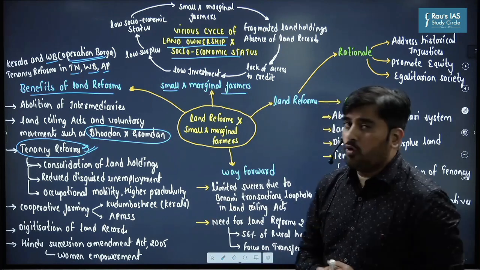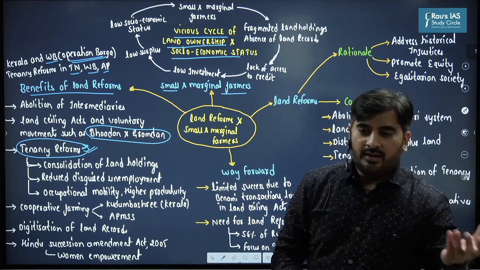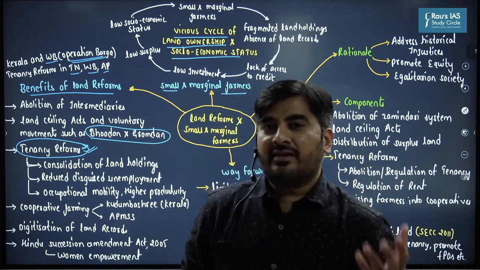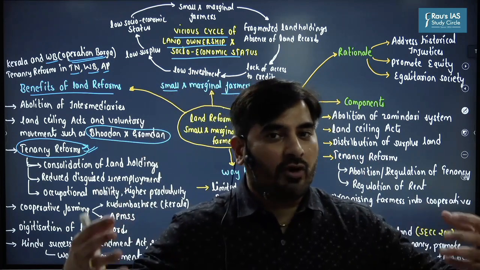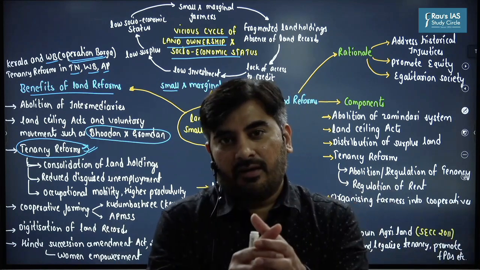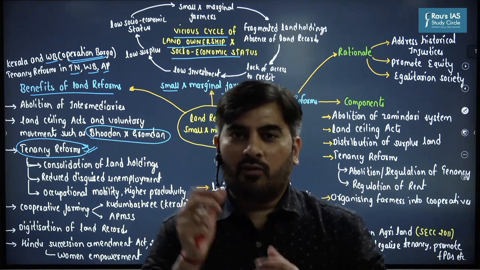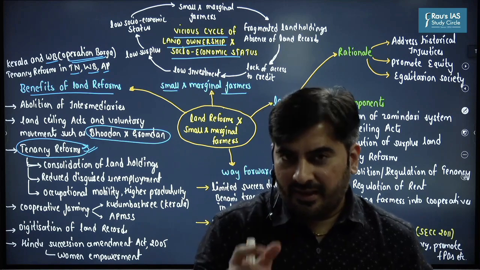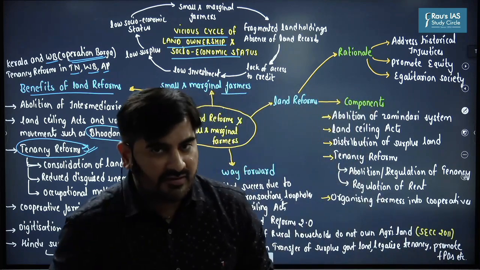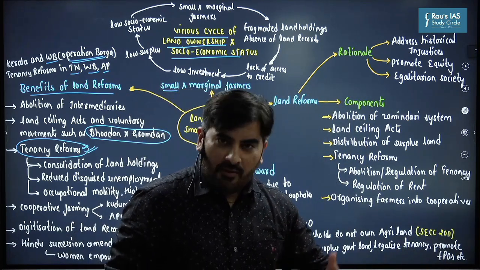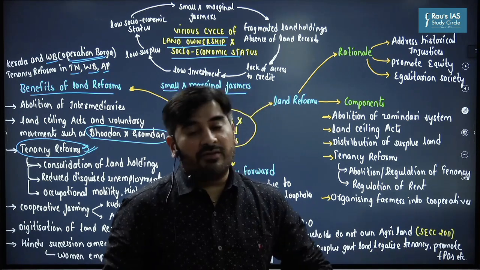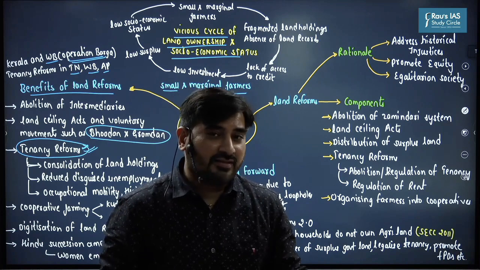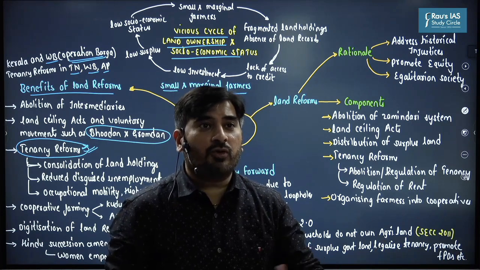And then cooperative farming. See, in the current affairs class, we have discussed FPOs, farmer producer organizations, and how organizing the small and marginal farmers would benefit the overall farming community. So here, when we organize the farmers into cooperatives, we will be able to reduce the input costs, enhance the productivity, and enable the farmers to get higher prices. This is what we discussed in the current affairs classes on the FPOs.